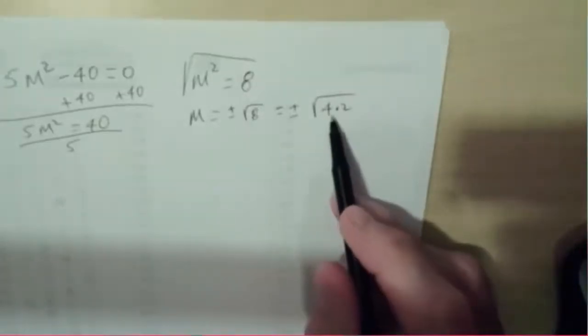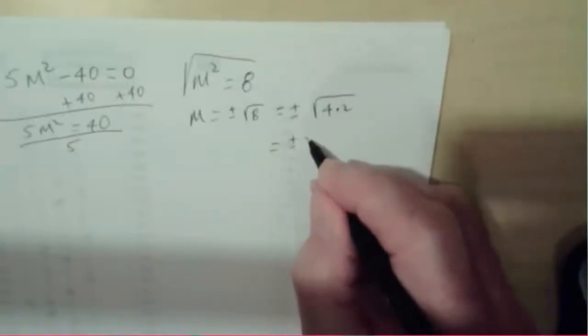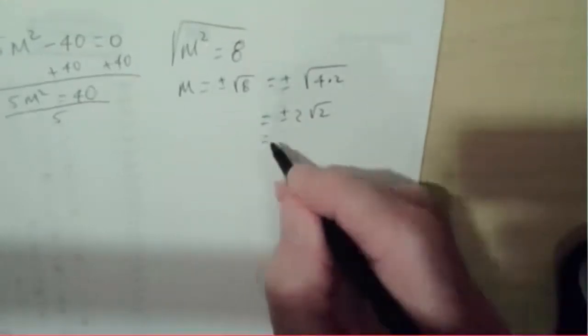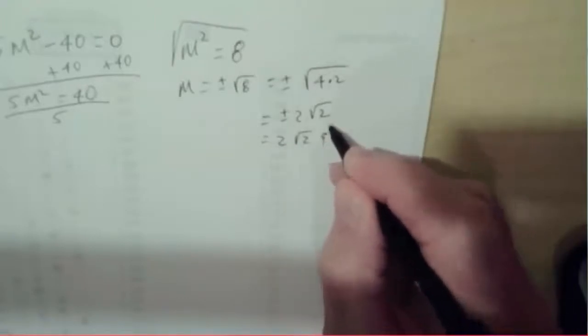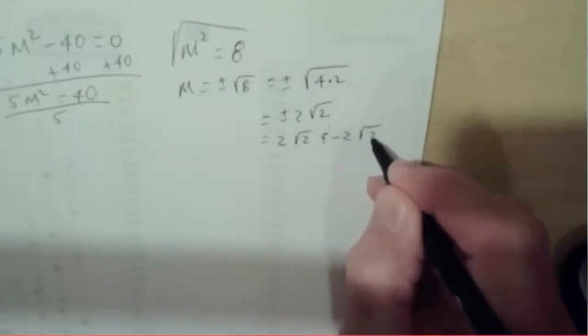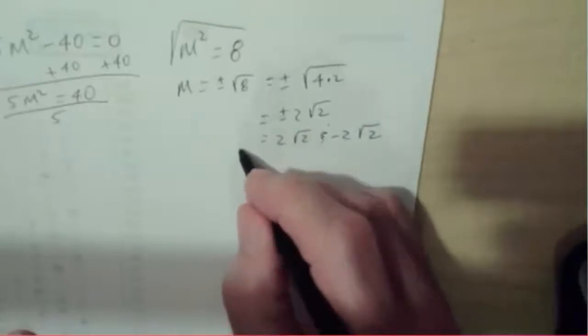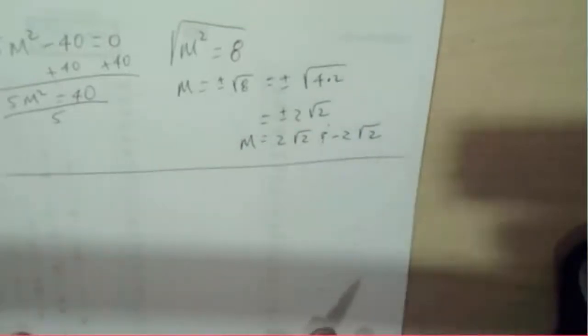The square root of 4 is 2, so plus or minus 2 times the square root of 2, which you can write as 2 times the square root of 2 and -2 square root 2. And all that equals m. Right?